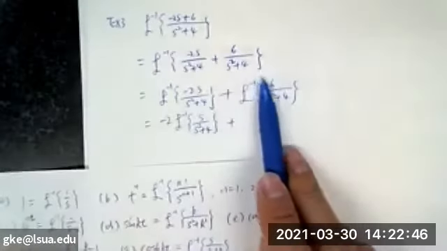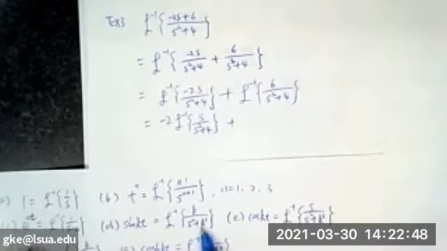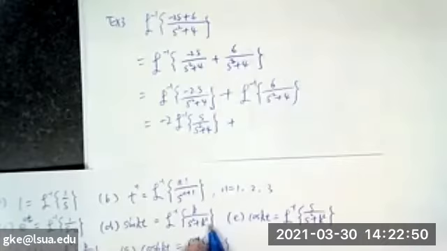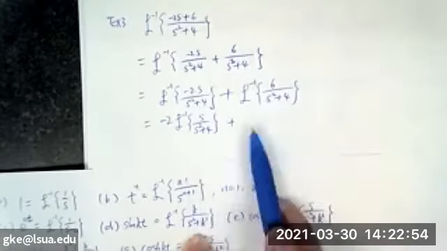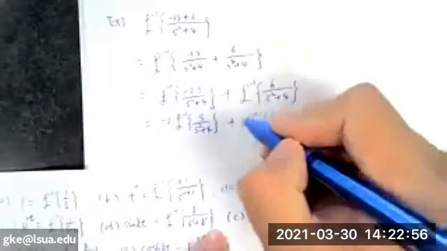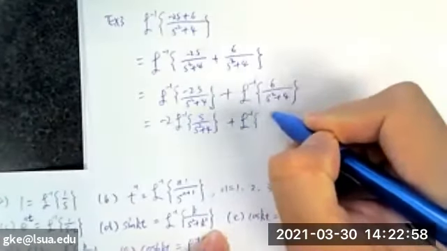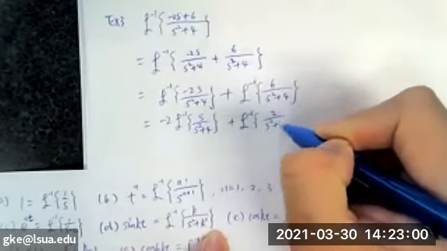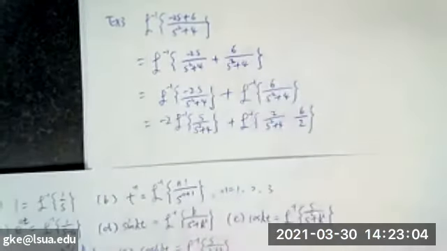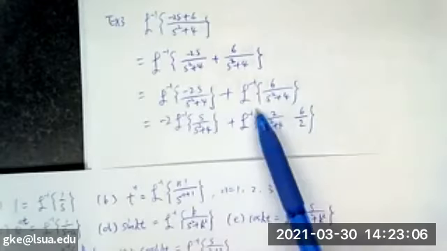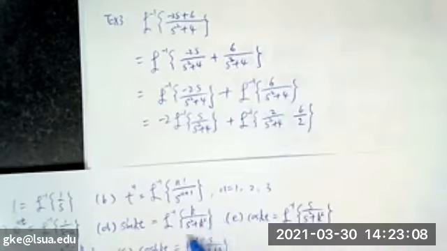And for this one, it's a constant, so we need to find out the k. K is 2, right? K is in the numerator, so basically what you're going to do is put 2 in the numerator, divided by 2, in order to match this formula.